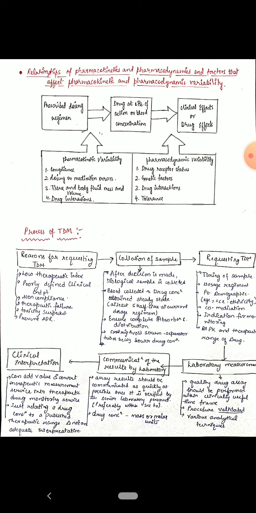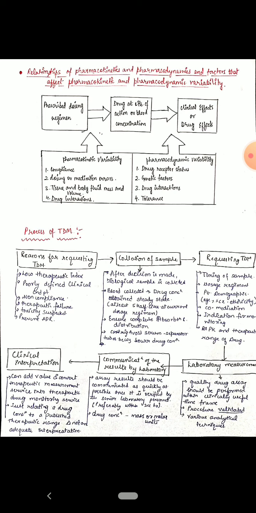Next process is the laboratory measurement. After requesting of the TDM, a quality drug assay should be performed within the clinically useful time frame, and the procedure should be validated, like it should be accurate and precise. Various analytical techniques are used in the laboratory measurements, like TLC, ELISA, HPLC. Next is the communication of the result by the laboratory.